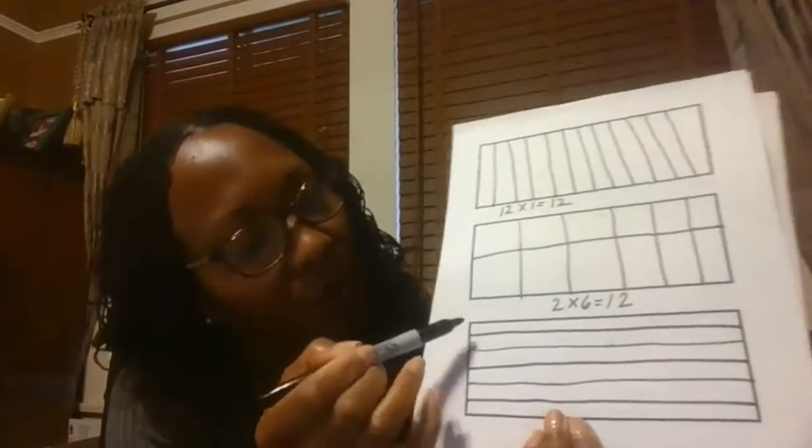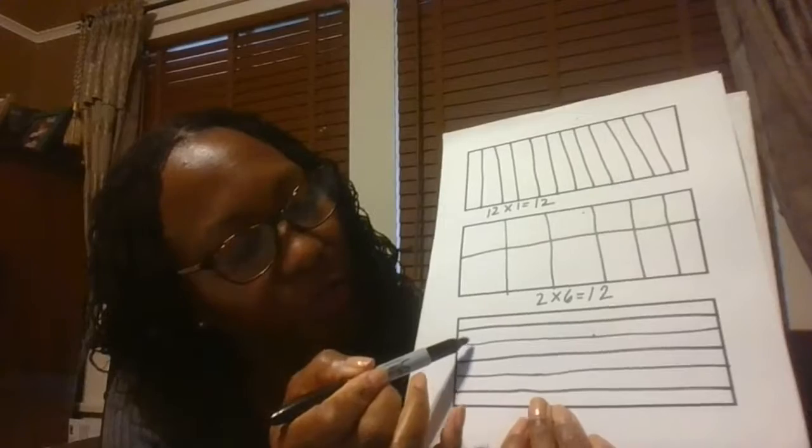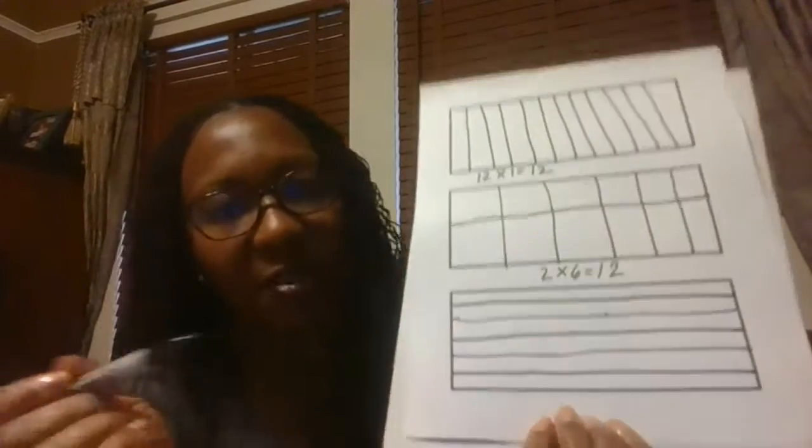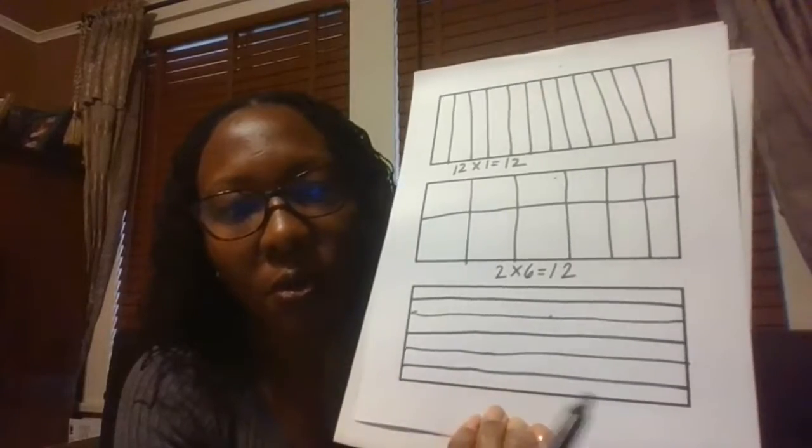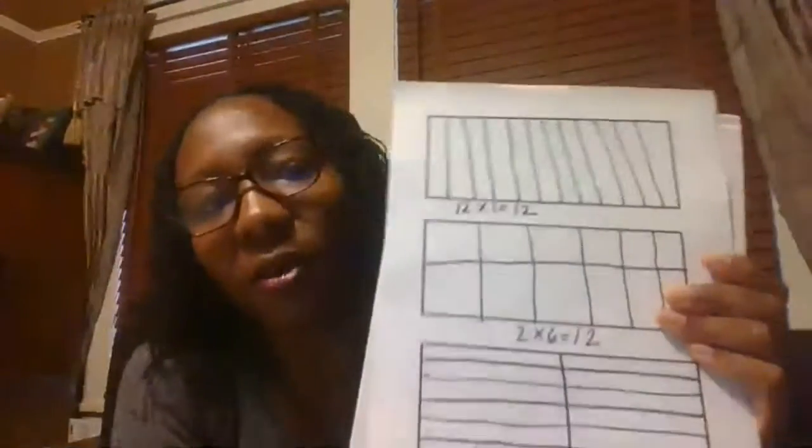So here we have 1, 2, 3, 4, 5, 6. 6 rows. Okay. And now we're going to do our column, which is basically cutting it in half.